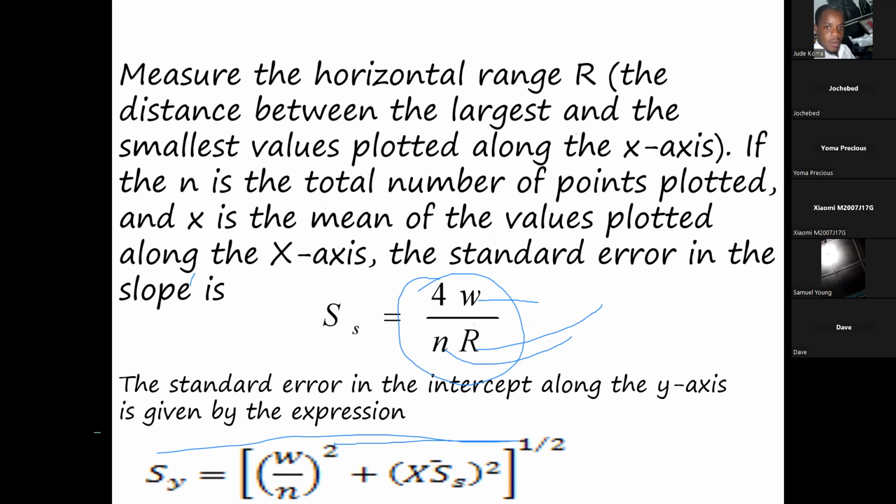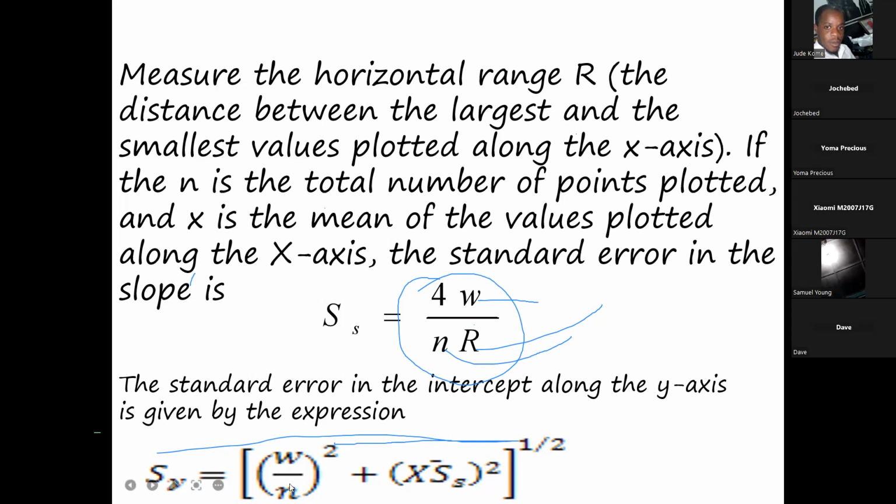Please just explain this last formula. I didn't understand it well. This next one here means your standard error in intercept. This is the formula: square root of W divided by N all squared plus X bar over S subscript S all squared. So this raised to power half means square root. That's why I say square root first. Your W here means your vertical scatter.